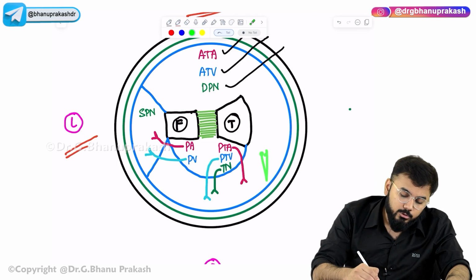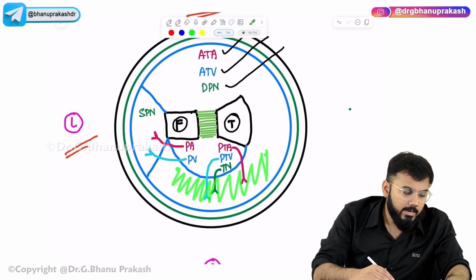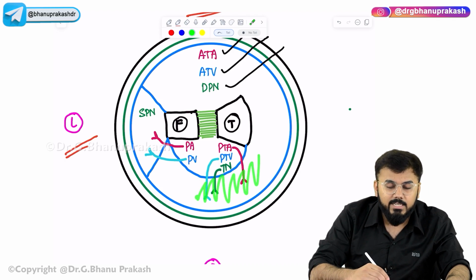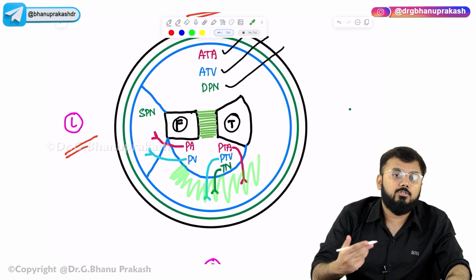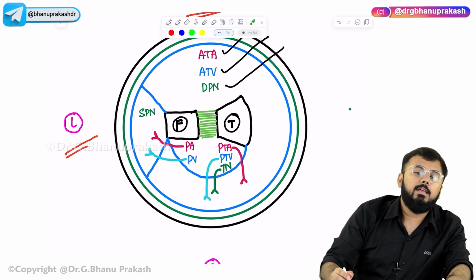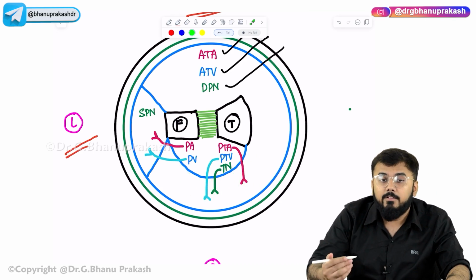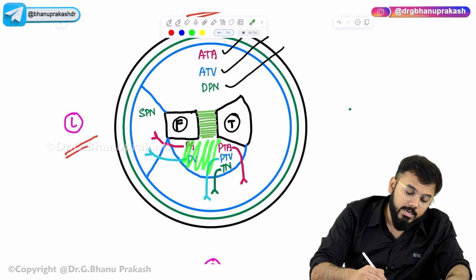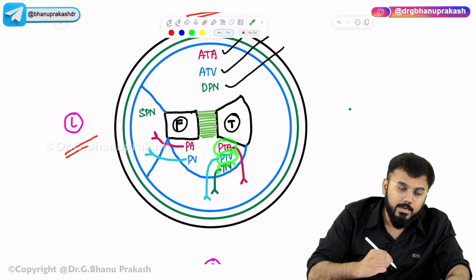Now in the posterior superficial compartment, do you have any artery, vein and nerve? No. So the posterior superficial compartment is devoid of a neurovascular bundle. It does not have any artery, vein and nerve by itself. Then from where is it receiving the supply? It is receiving the supply from the posterior deep compartment, with the help of the posterior tibial artery, tibial vein and tibial nerve.